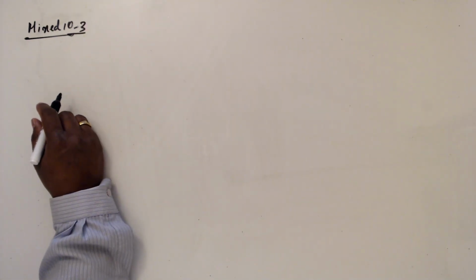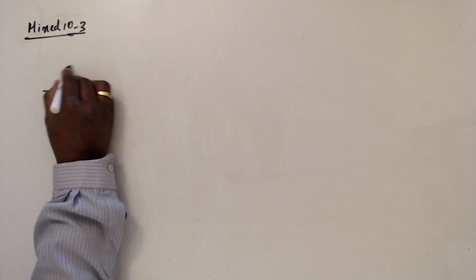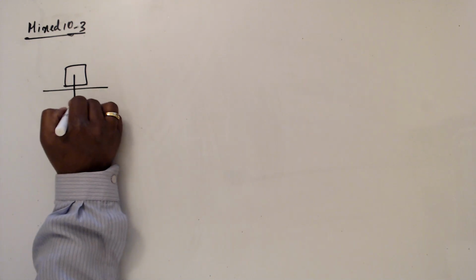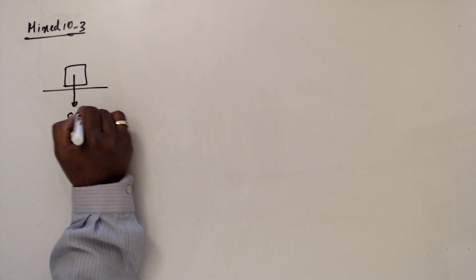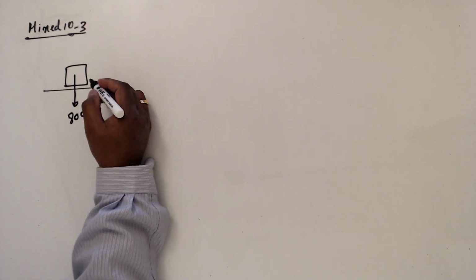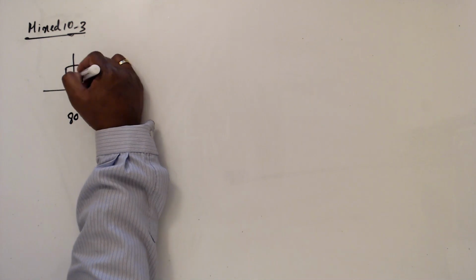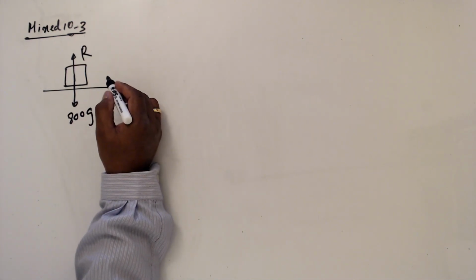Question number 3. A car of mass 800 kg traveling along a straight horizontal road. So 800 kilograms, so 800 g. And the normal force we will take R, and then a constant retarding force F reduces the speed.